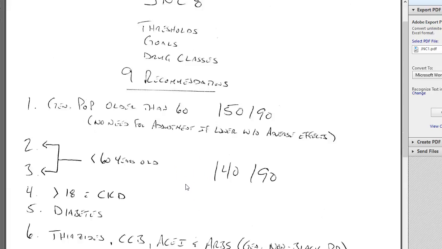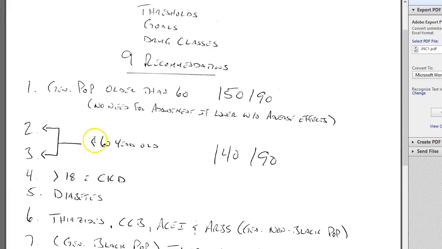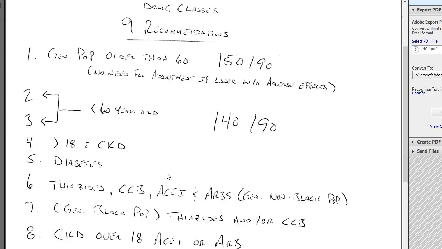Recommendations 2 and 3, essentially the same, focused on patients under the age of 60. And it gave our new defined threshold of 140 over 90. This also holds true for the remaining recommendations running all the way through number 8.